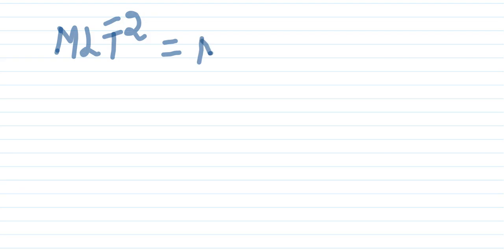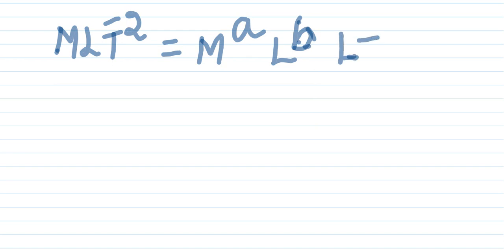The dimensional formula of mass is M. Next one is radius, meaning length, L power b. Next is the velocity of the particle v. Its dimensional formula is L T inverse.